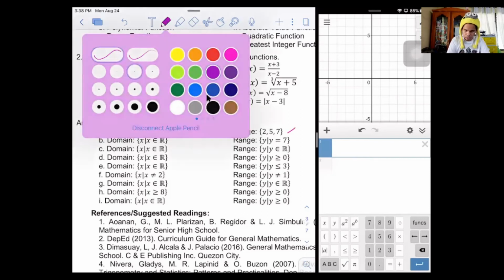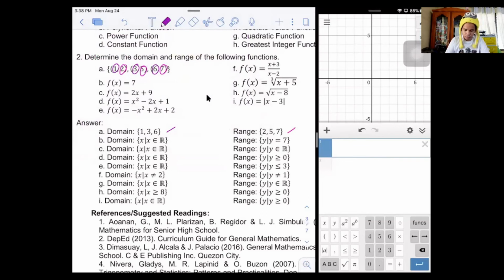Next, for letter B, letter C, letter D, and letter E, tanan ni sila, the domain is all real numbers. Okay, so again, tanan constant, tanan linear, and tanan quadratic functions, automatic, ang ilang domain is all real numbers.